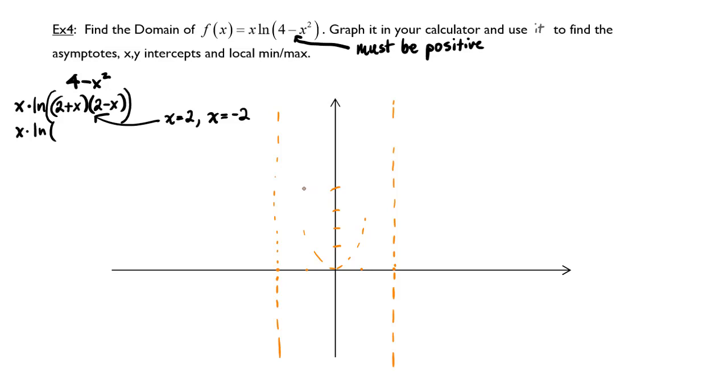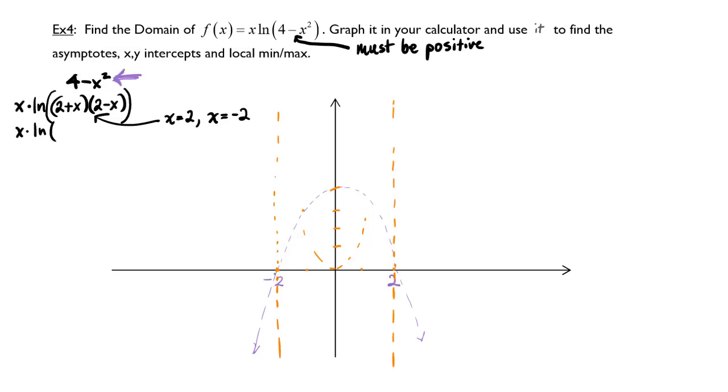So over 1, down 1, and then over 2, down 4. Notice that my parabola, if I were to just sketch it very lightly, is only positive on the interval from negative 2 to 2.